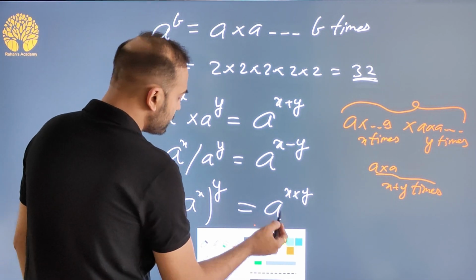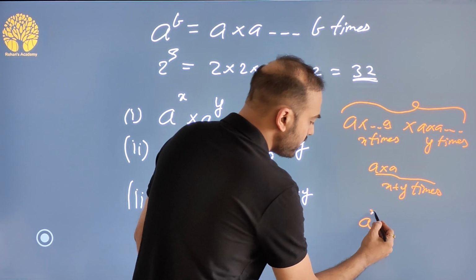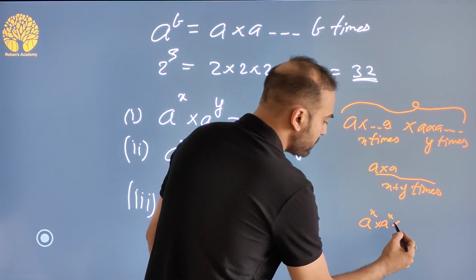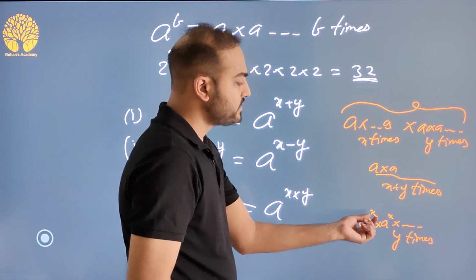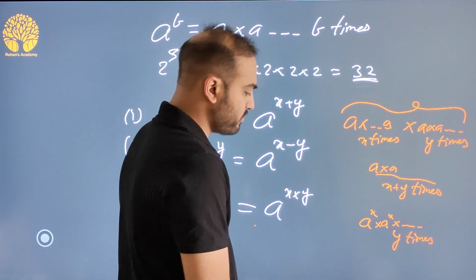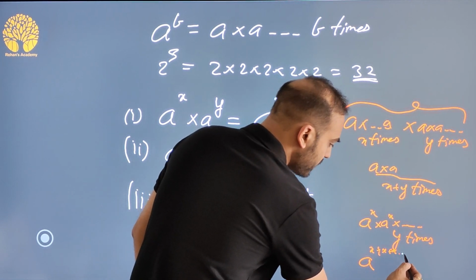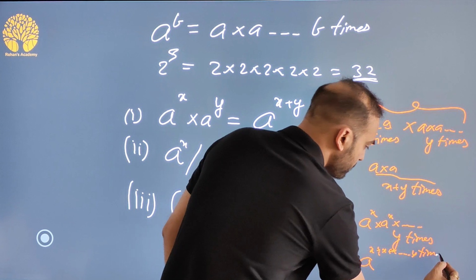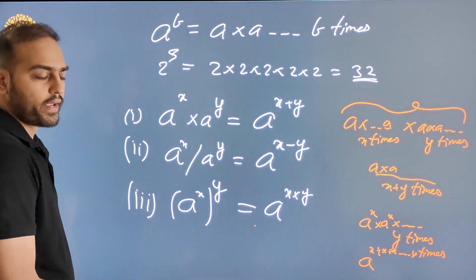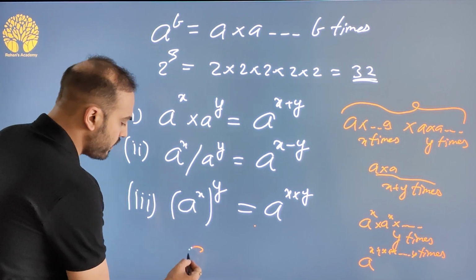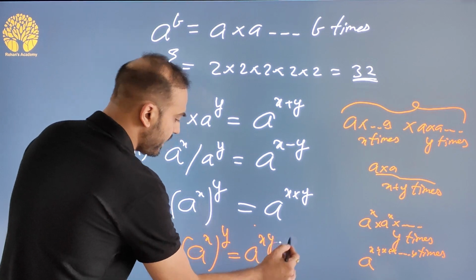This also follows the same concept. a power x whole power y means a power x is multiplied to itself y times. So x is getting added to itself y times, x plus x plus x, y times. That is a power x into y. So a power x whole power y becomes a power xy.